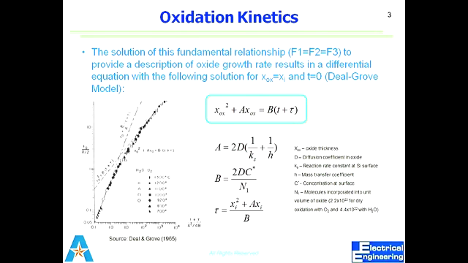Very thick oxide layer means X oxide is much larger. If T is much greater than tau, then we can ignore tau. At the same time, if X oxide is much larger, the linear term would be ignored, because if the number is very large, its square would be much larger. So I'm talking about the thick oxide layer.